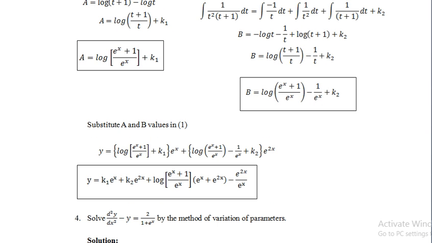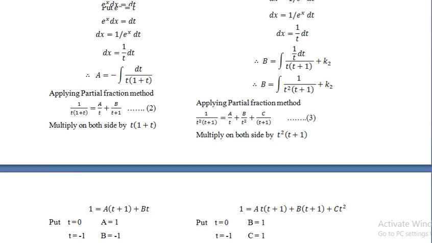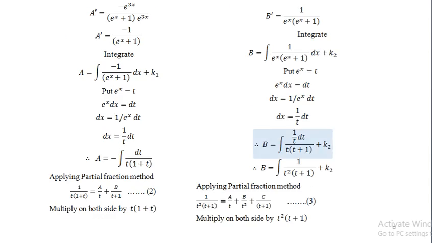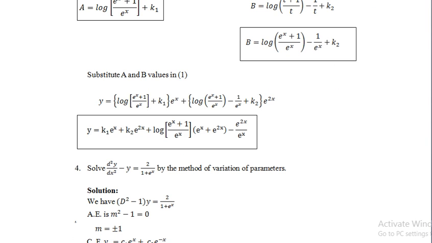Then substitute the a and b values in equation number 1. So in this equation, a e to the power x, b e to the power 2x, and collect the terms here. So k1 e to the power x plus k2 e to the power 2x, then e to the power x and log of e to the power x plus 1 divided by e to the power x, and here also log of e raised to x plus 1 divided by e raised to x.